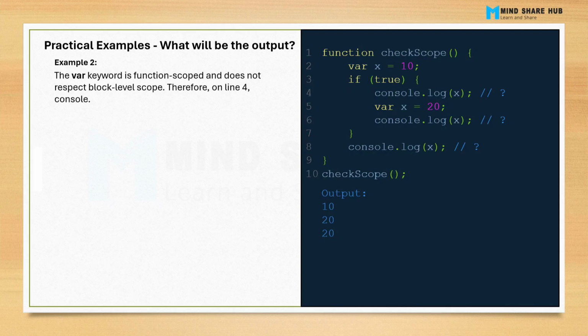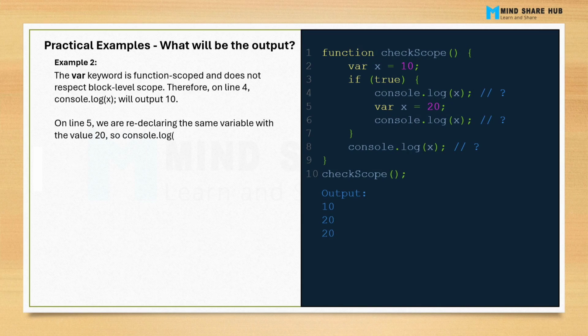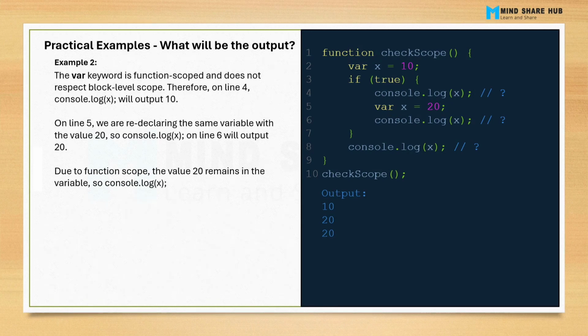Therefore, on line 4, console.log x will output 10. On line 5, we are redeclaring the same variable with the value 20, so console.log x on line 6 will output 20. Due to function scope, the value 20 remains in the variable, so console.log x on line 8 will also output 20.